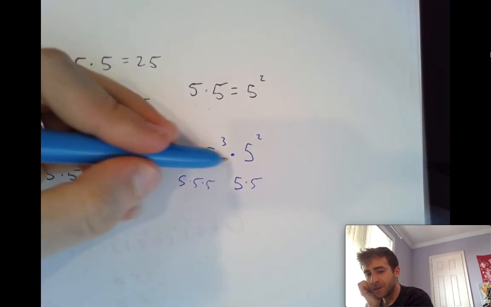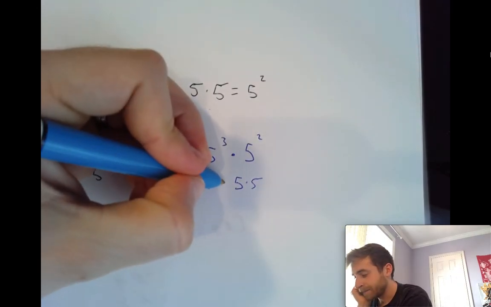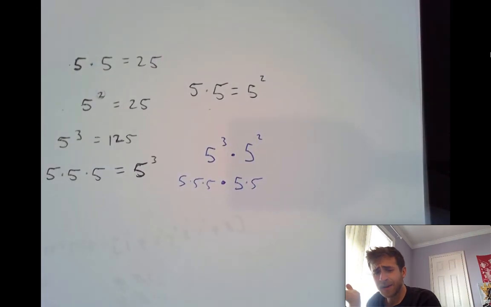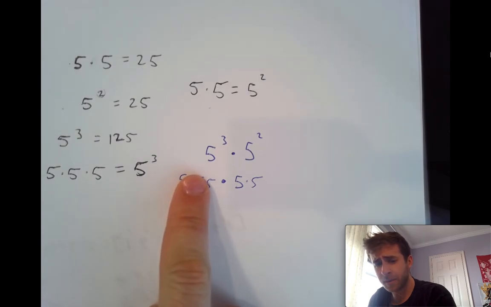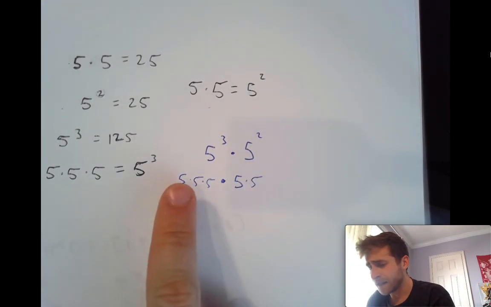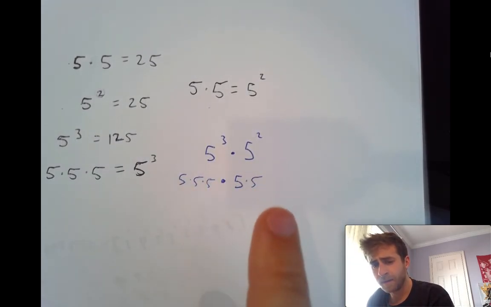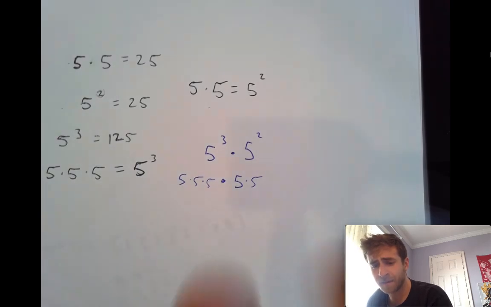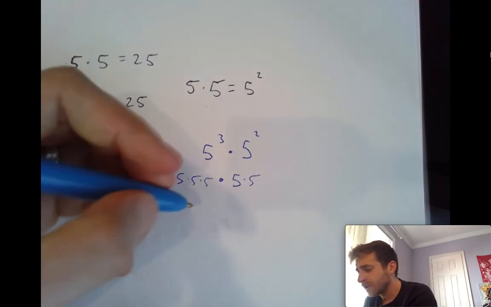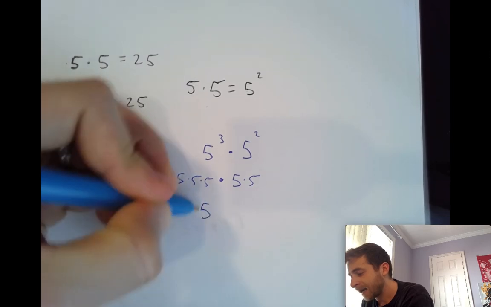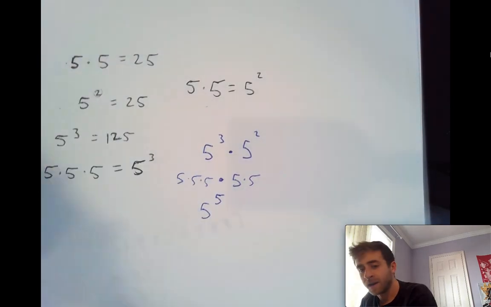I just took these two things and multiplied them. And now you get to see, oh, wait a minute, that's 1, 2, 3, 4, 5, multiplying times itself 5 times. So this really I could write as 5 to the power of 5.